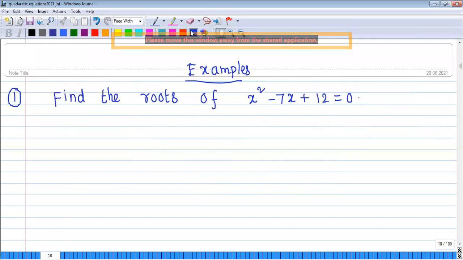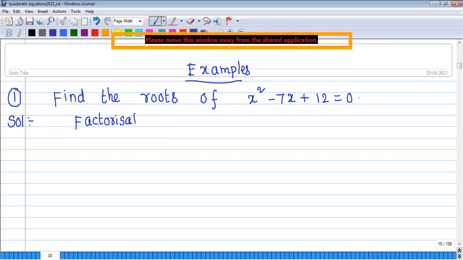Right. So this can be done three ways. One is the factorization method. First method is the factorization method.